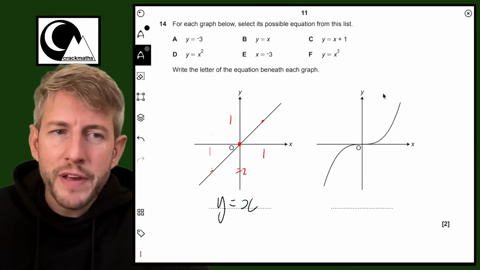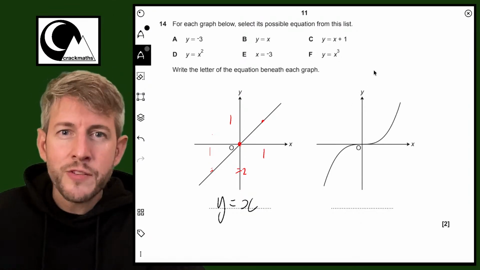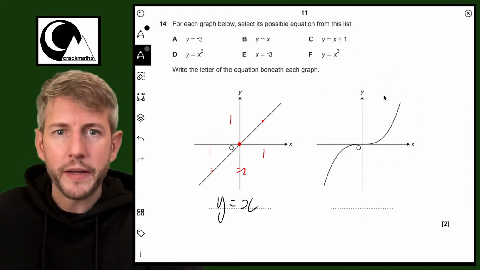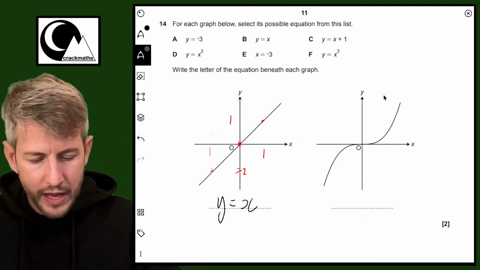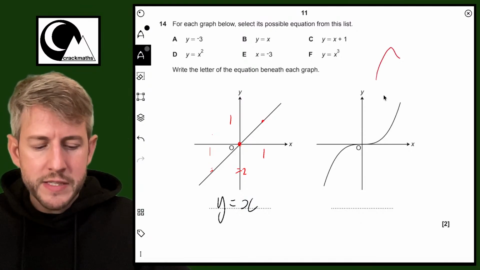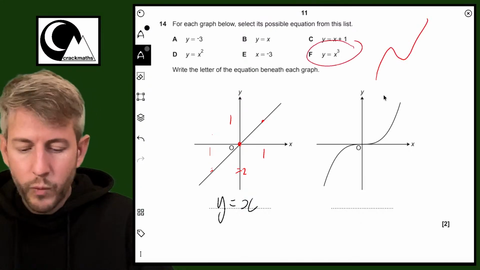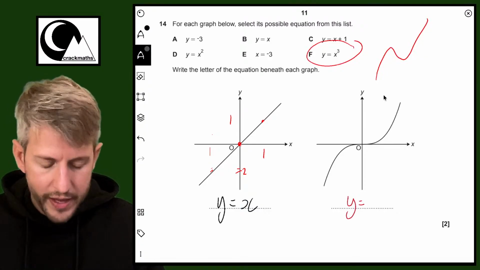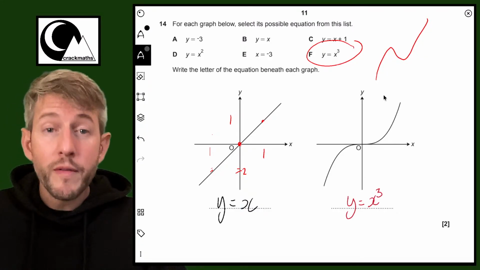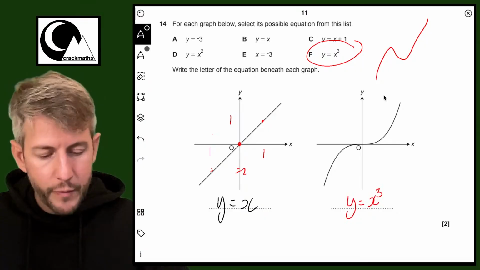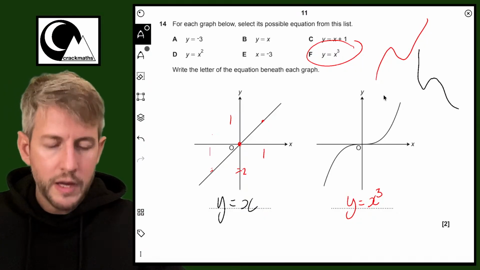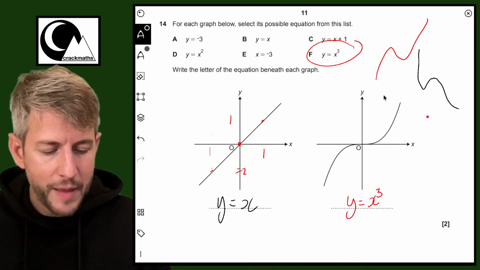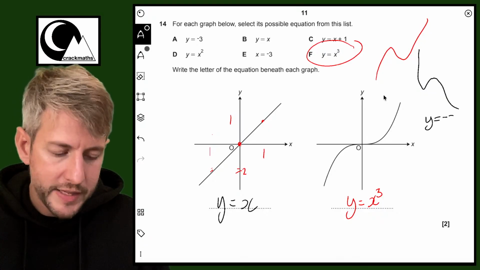This shape graph here, if you see something like this, this is always a cubic. So it will either look like this, if it's the positive cubic, which it is in this case, y equals x cubed. Or if it's the negative cubic, it would look like this here. That would be a negative cubic, so that would be y equals -x cubed.